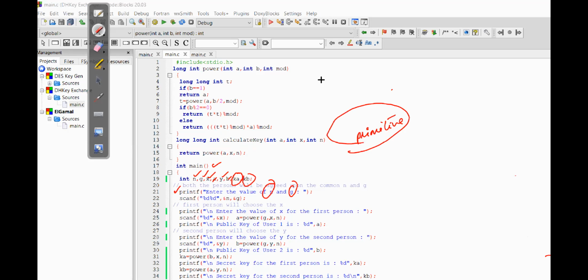This part I have already explained several times: how you find the GCD of two numbers. If the GCD of these two numbers x and y is equal to 1, that will be considered a primitive root.